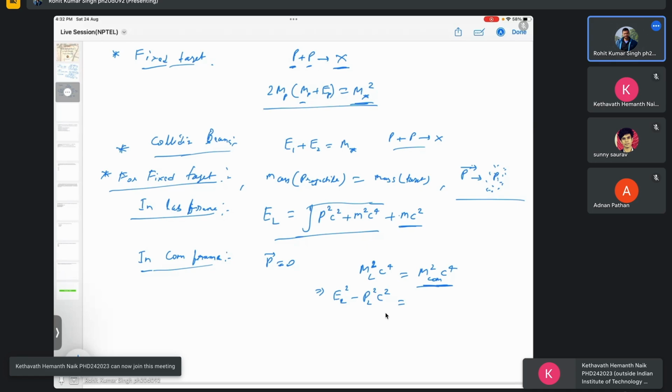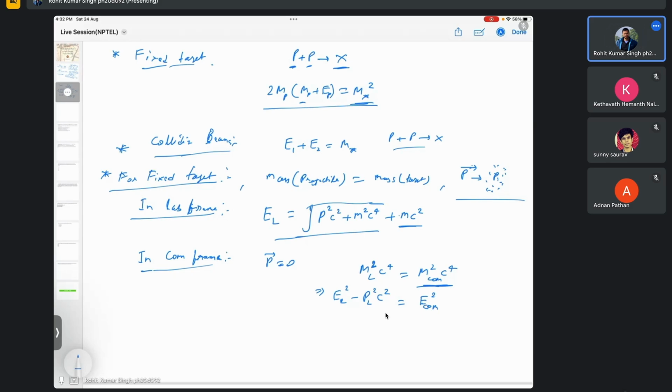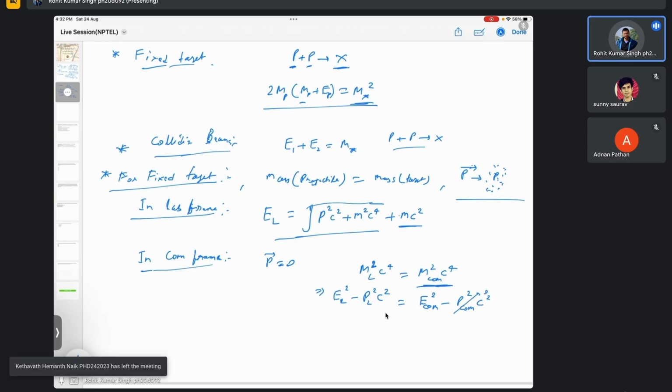And here you have center of mass energy minus momentum in the center of mass frame, but this is 0 again, right? So what you get is center of mass energy squared is equal to energy in the lab frame squared minus momentum in the lab frame squared, times c squared.